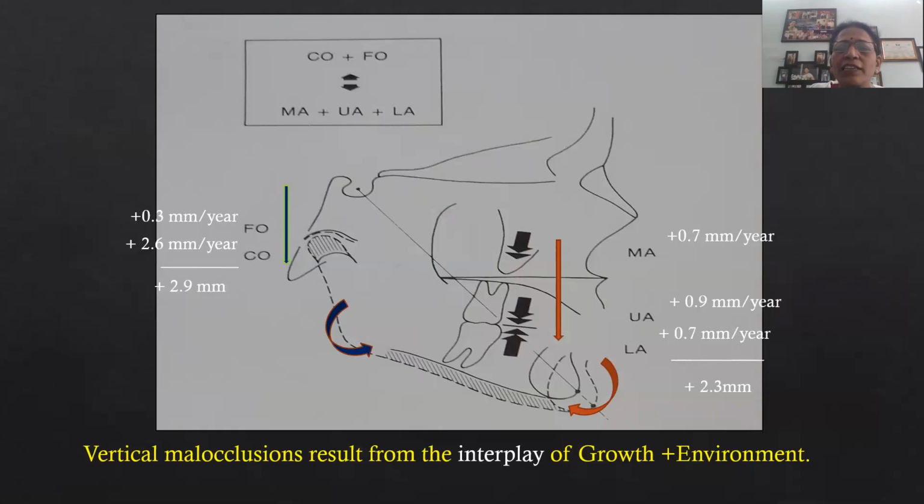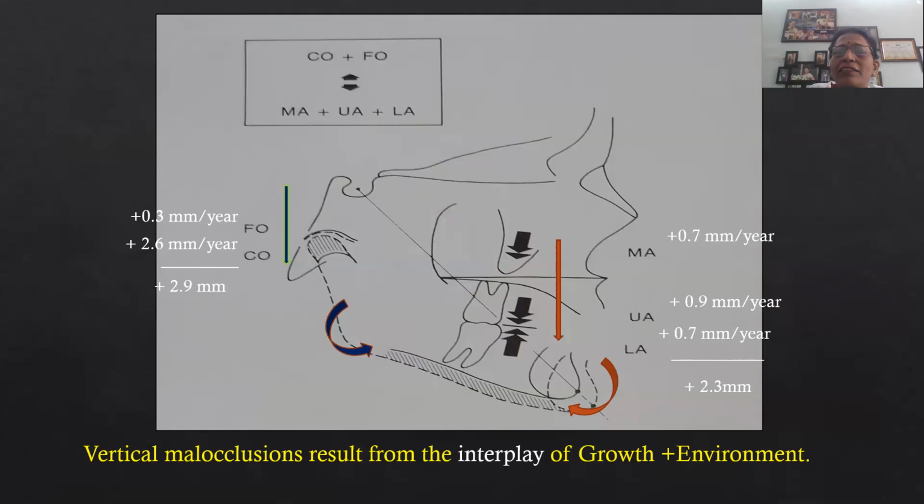So why a vertical discrepancy? If we go back to our basics, the normal growth takes place with a balance of the condylar and the fossa growth, which balances the vertical growth taking place at the maxillary suture, the maxillary alveolus, the mandibular alveolus, and the eruption of the posterior teeth.